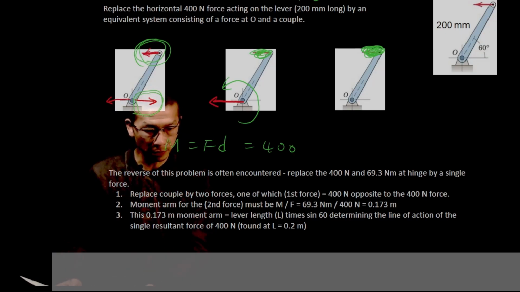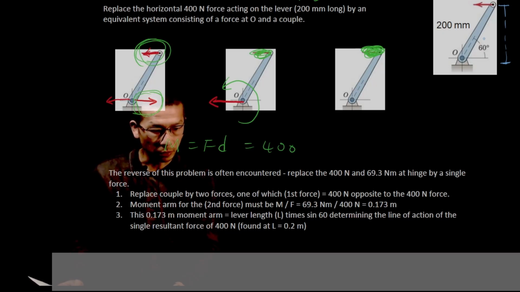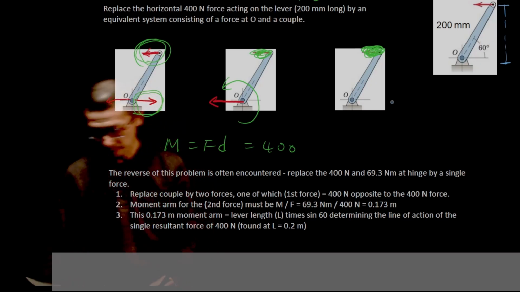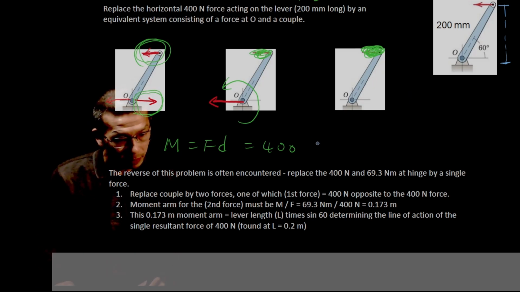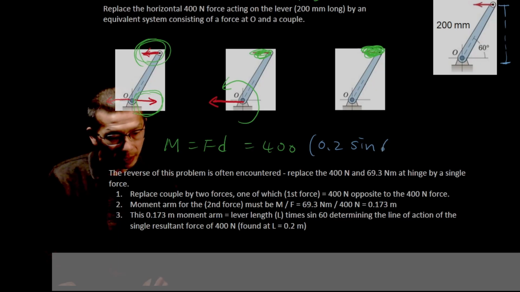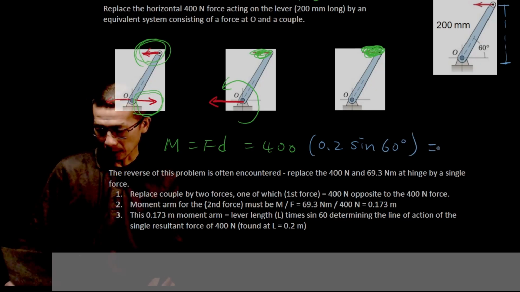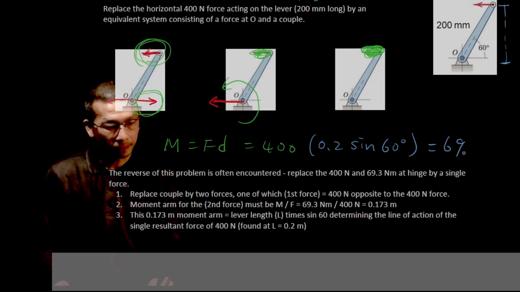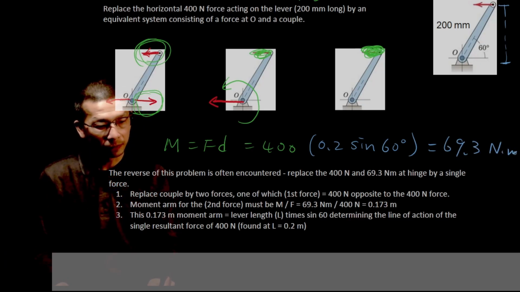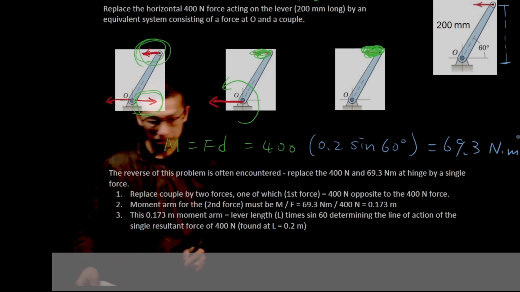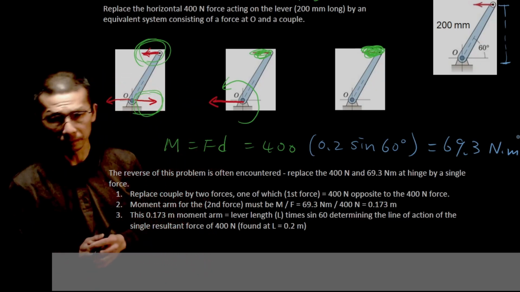It's this vertical distance right here, from here to point O. So that would be 200 sine 60, or 0.2 meters, 0.2 meters sine 60 degrees. That gives us a moment of 69.3 Newton meters.